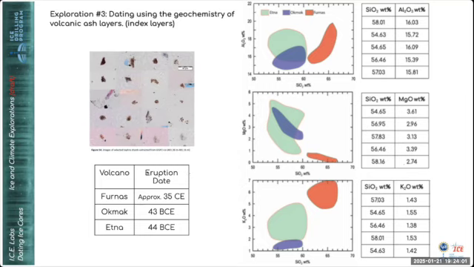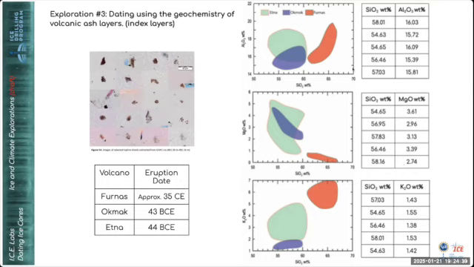So there are 3 different known eruptions: Vesuvius that happened at 35 CE, which is common era, like after year 0; Okmok volcano, which is 43 BCE, before the common era; or Mount Etna, which erupted at 44 BCE. What the geologists and ice scientists will do is, each one of these volcanic eruptions has a very unique fingerprint of the chemistry of the ash.